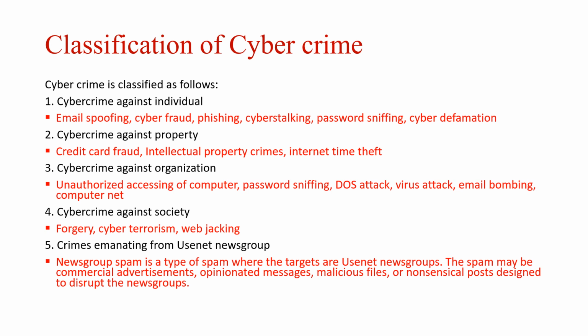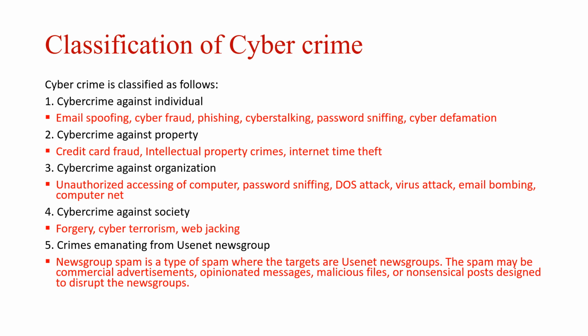Password sniffing is also done, where a sniffer tool is used to read or intercept the data. There are so many such crimes done on a person or individual, and they may be of very different types.